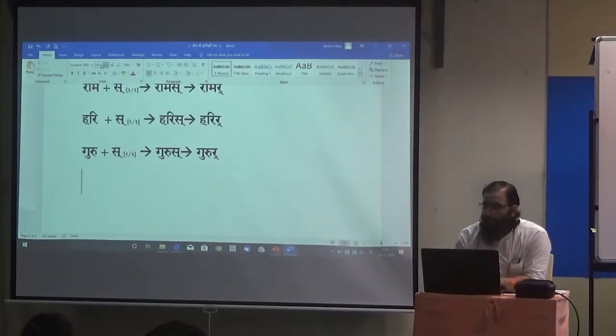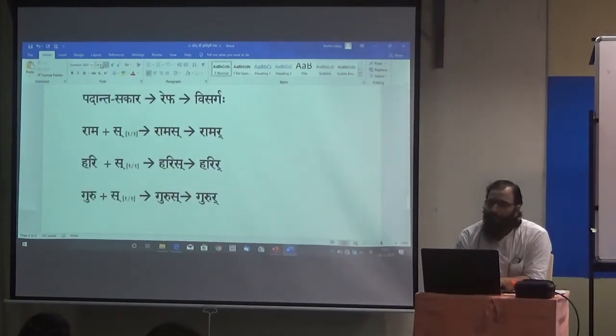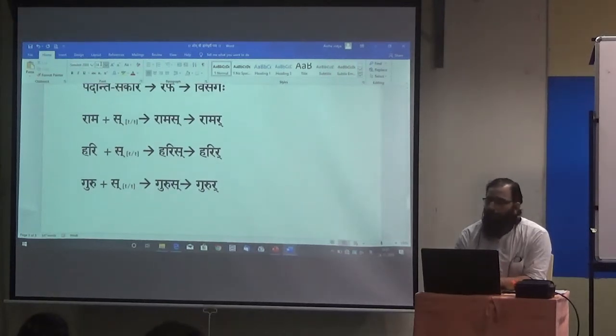These rules apply for Pullinga, and Strilinga also. The condition is Padanta Sakara, that's all. Any linga. Even if it is an Avyaya, this will happen, but Avyayas anyway don't have Sakara. Wherever Padanta Sakara is there. I have given examples for Namapadam.